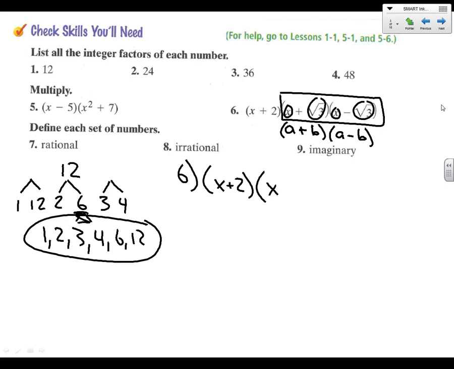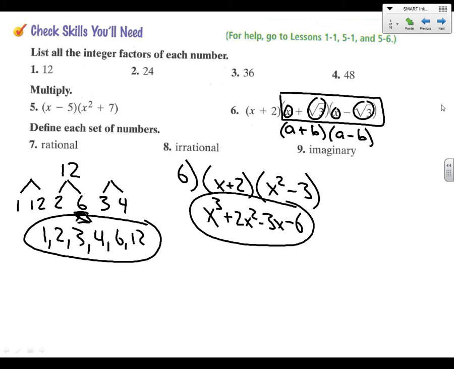We get x squared minus root 3 squared, which is just 3. And from there we can FOIL. We'll end up with x cubed plus 2x squared minus 3x minus 6 when we FOIL all the way out.